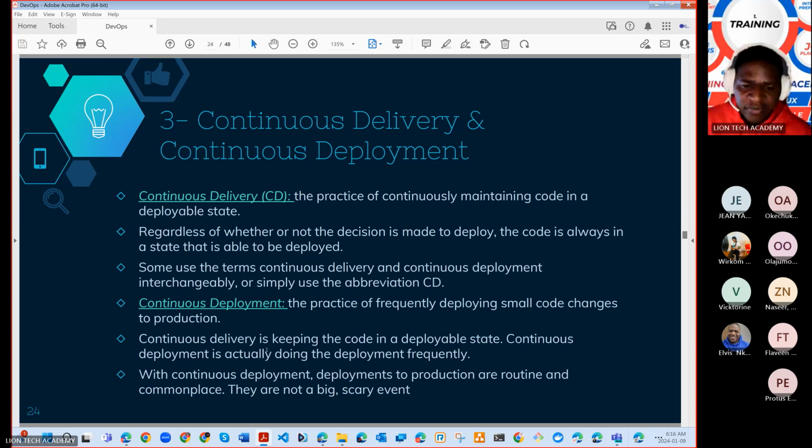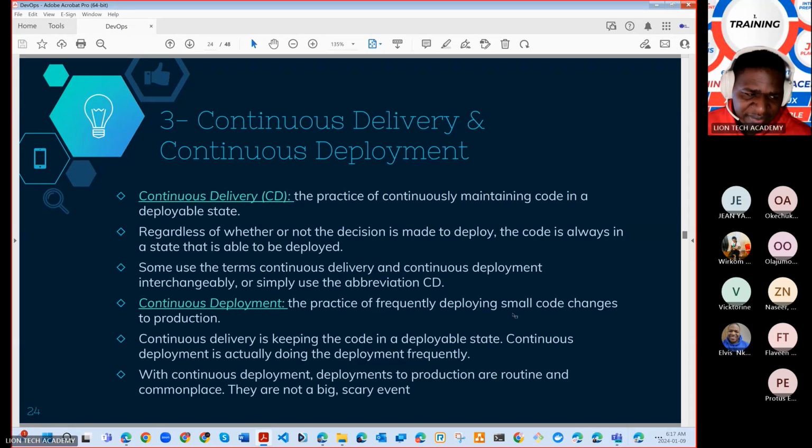So continuous deployment is the practice of frequently deploying small code changes to production. Now, what is production? Think of production like finally serving that meal to your customers.